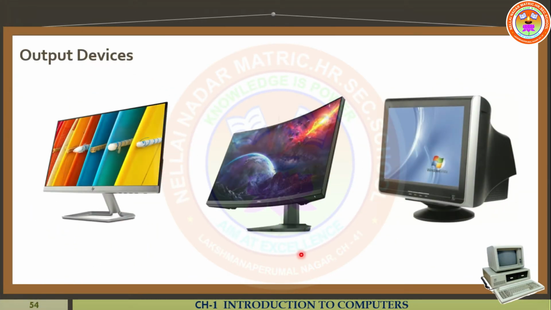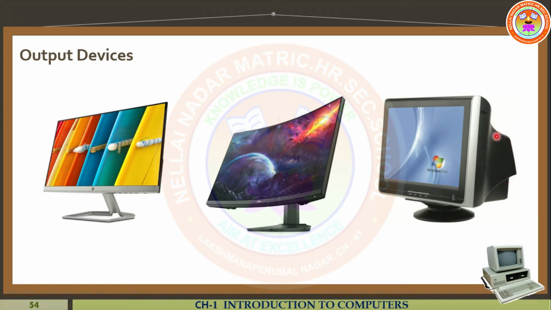This is an example of different types of monitors. This is a CRT type monitor, this is an LCD type monitor, and this is an LED type monitor. How can you identify whether it is CRT, LED or LCD? CRT means the back side of the device has a dome-like structure.